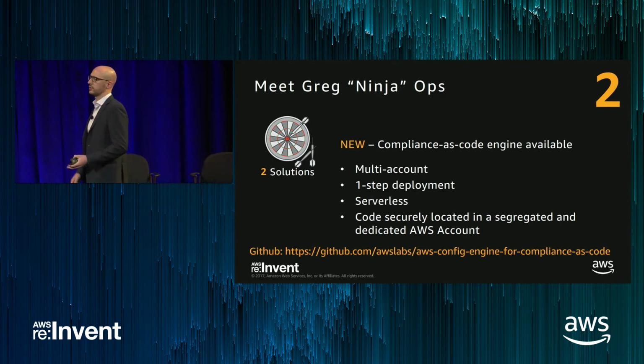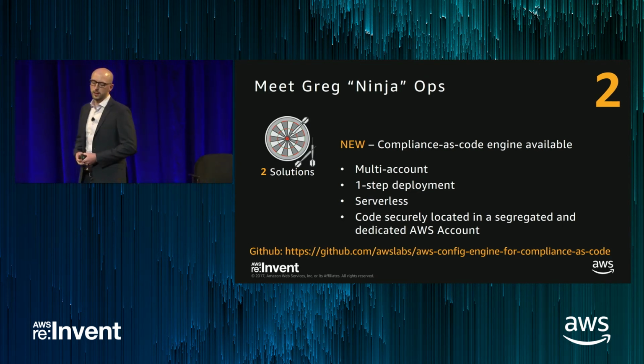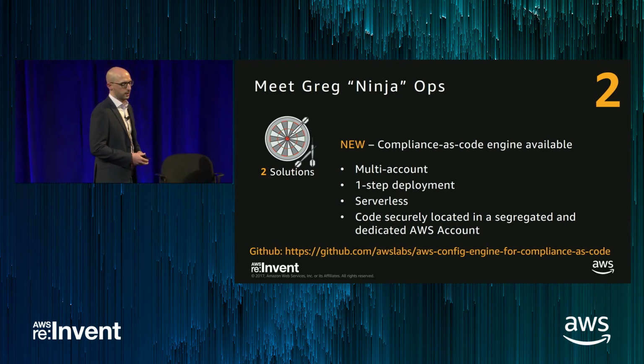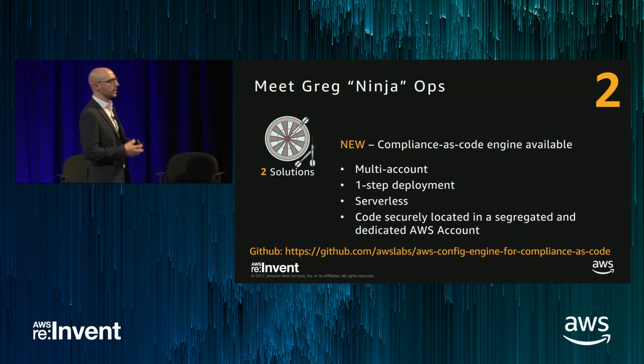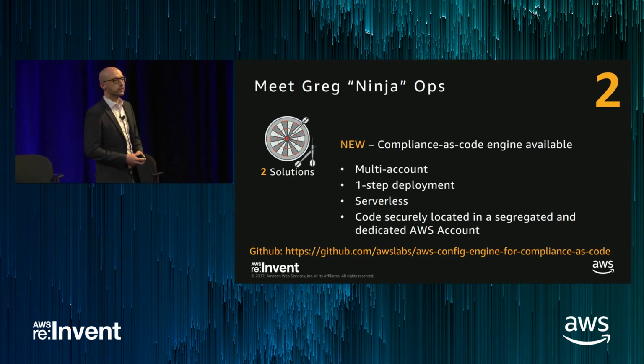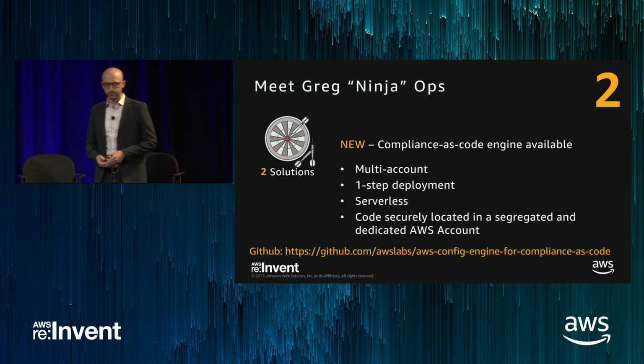There is another solution that we built on top of AWS Lambda. This solution is what we call a compliance as code engine. One of the challenges that we saw with compliance as code was handling multi-account, having good visibility on what's going on. The other difficulty was having a simple deployment process.